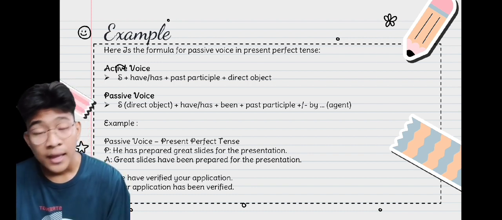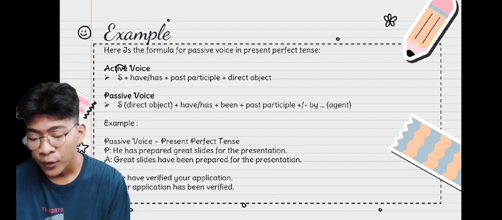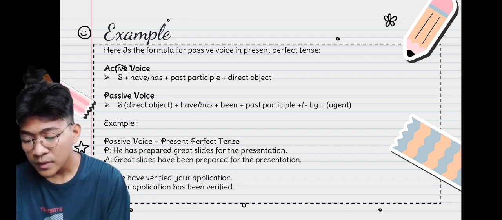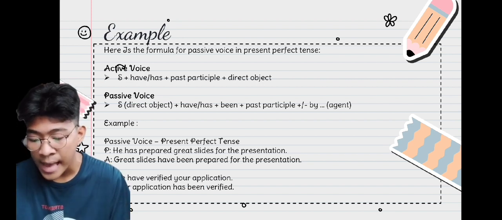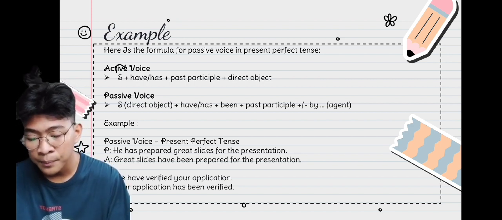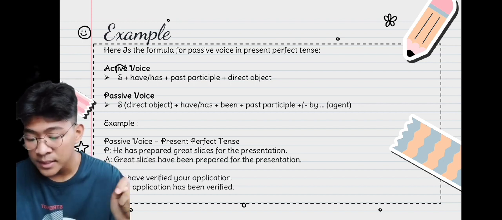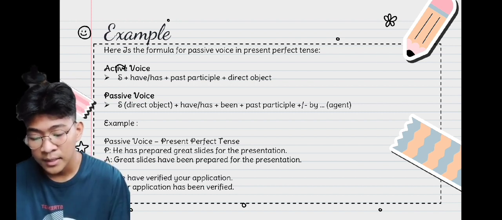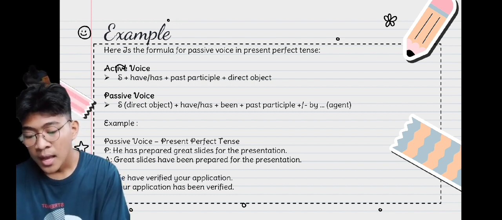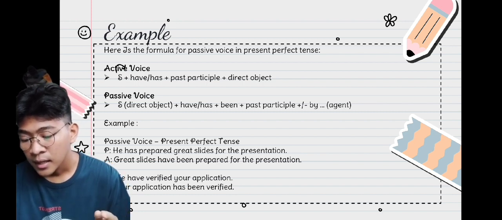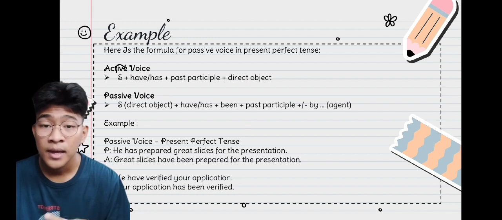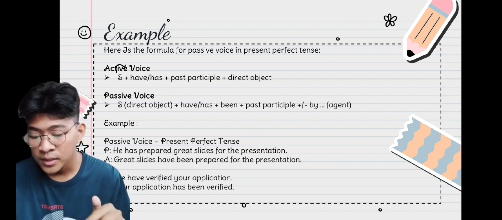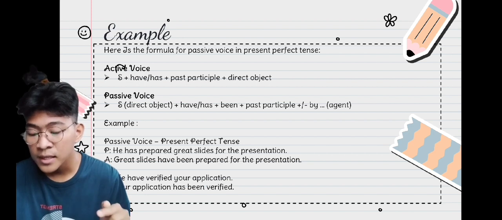In passive voice, it is subject, direct object plus have or has plus been plus past participle plus by agent. So the example is: he has prepared a slide for the presentation. From active voice, a slide has been prepared for the presentation.